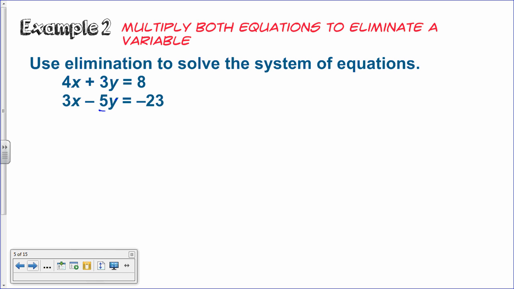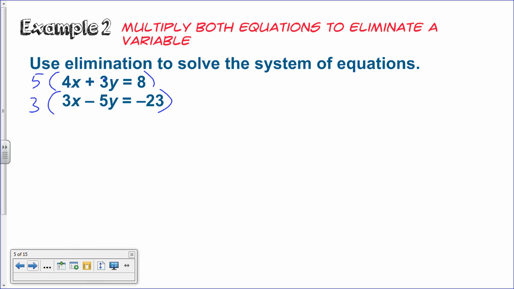So when this happens, you're going to have to multiply both equations. The top one by 5 and the bottom one by 3. I'm basically just multiplying those two numbers together. Everybody see that? Okay.